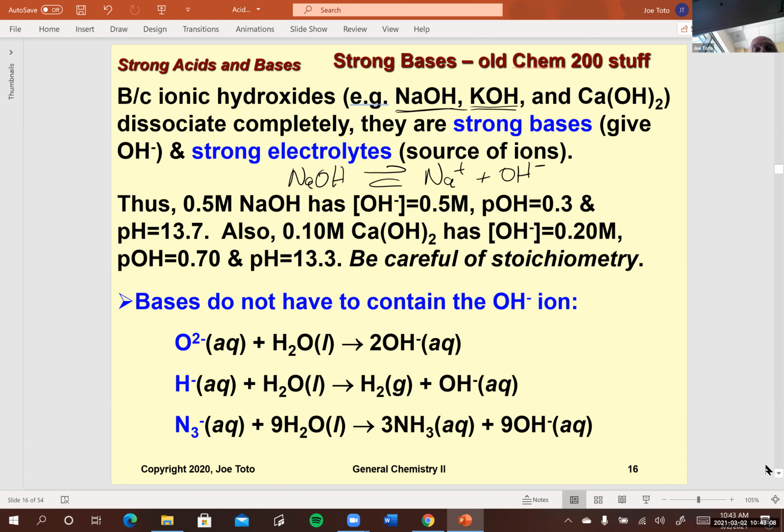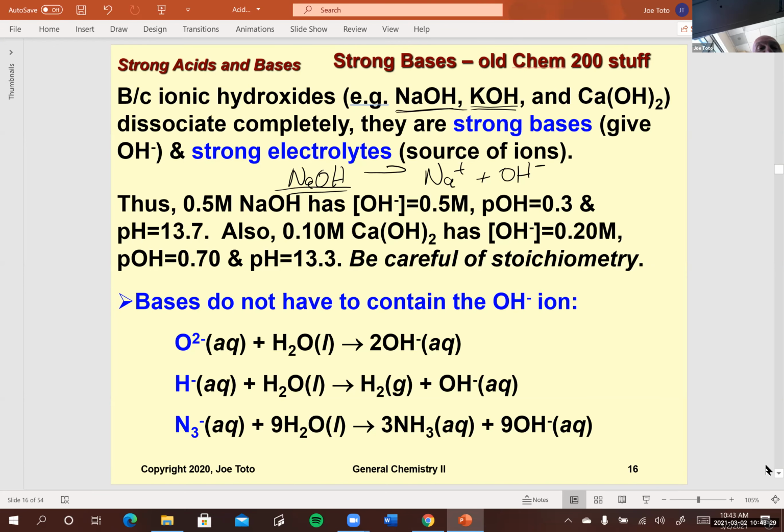And this is really not an equilibrium that goes in the back direction. It's pretty much to completion. So again, this is 100% ionized, and that's what constitutes a strong base.